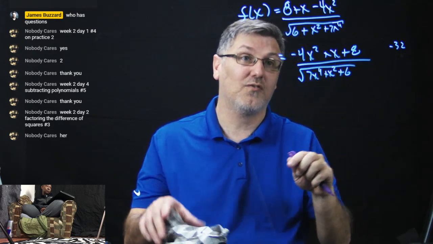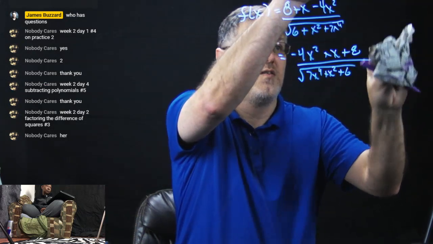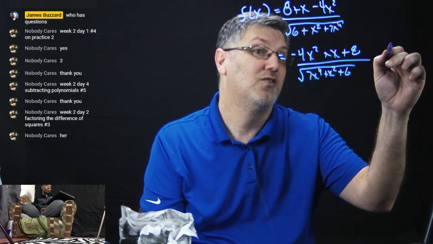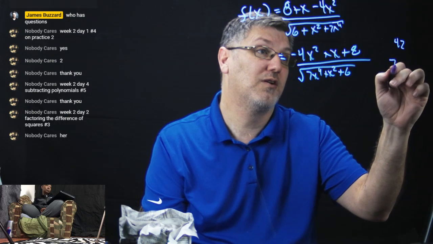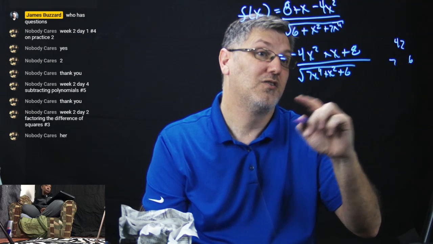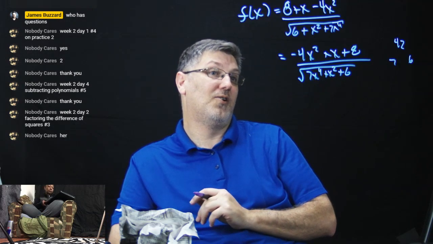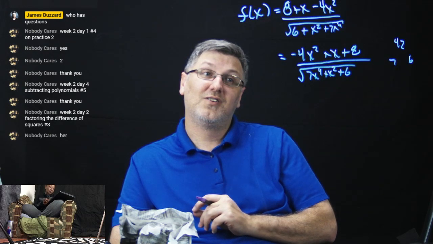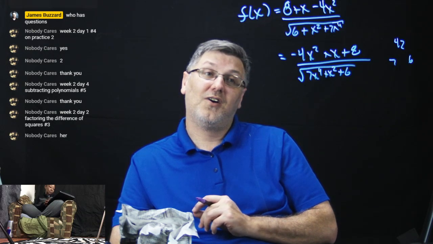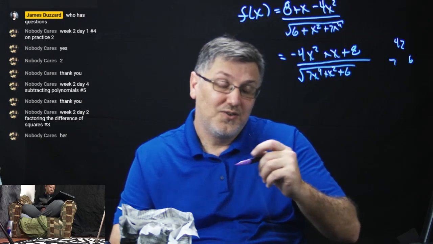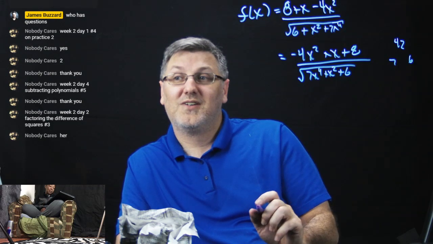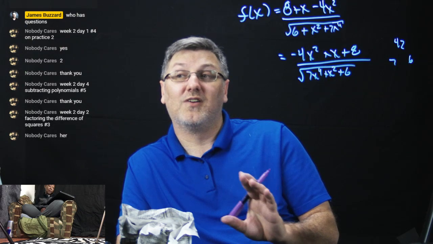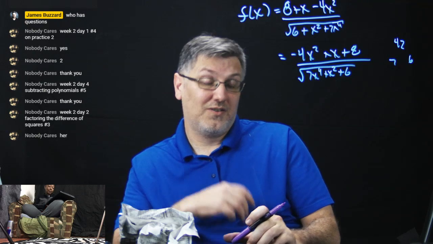So that top doesn't factor. 7 times 6 is 42. This does factor. So I've got 42. That's going to give me 7 and 6. Does not factor. Huh. Well, this kind of sucks. Whatever. I'm getting there. I'm getting there. Okay.